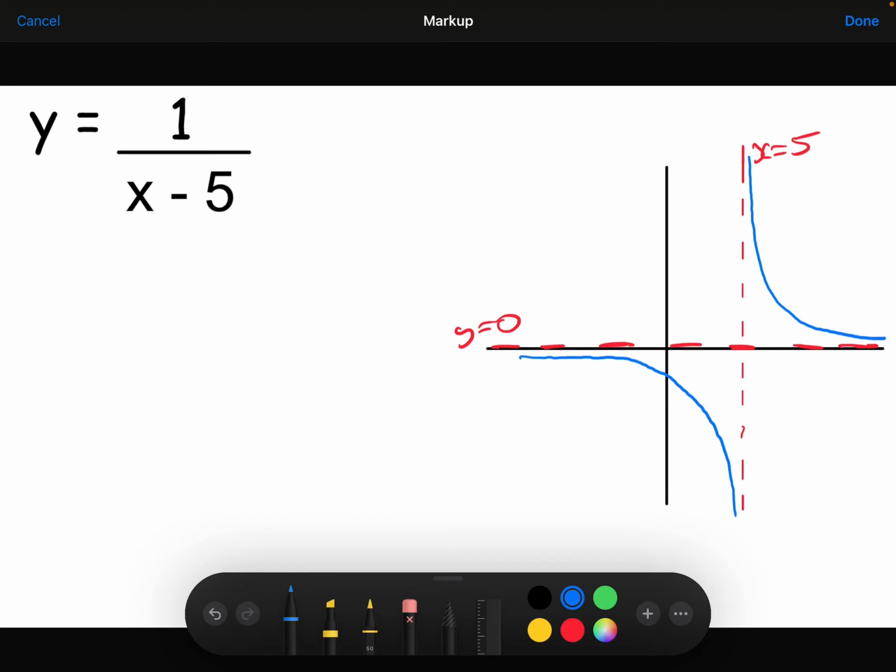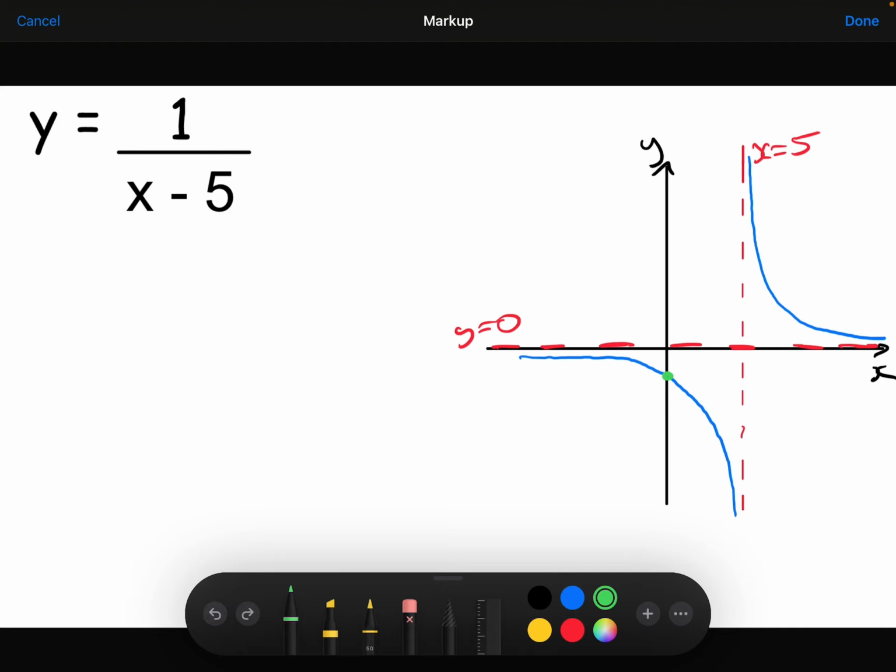Now you'll notice here that I can actually work out the y-intercept, where it intercepts on the y-axis. Previously, we didn't need to work out that intercept because the graph never intersected either of the axes. But it does now, so I should work out that coordinate. At this point, I know that x is equal to 0.